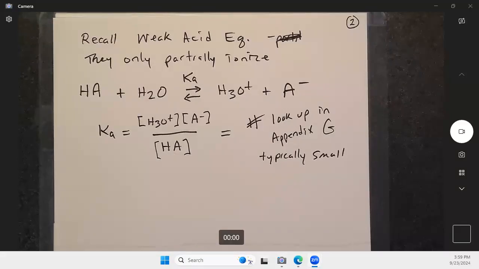So as we go on through this section, you'll start to get a feel for what is the magnitude of Ka values. And when we get on to talking about the Kb values, you'll find that the Kb values are typically smaller than the Ka values.